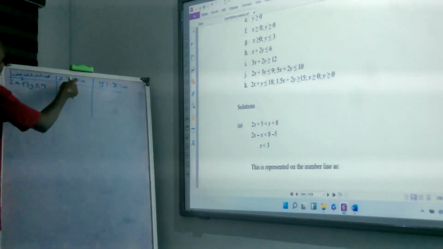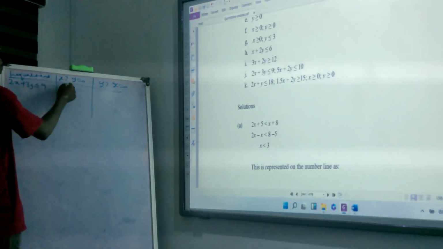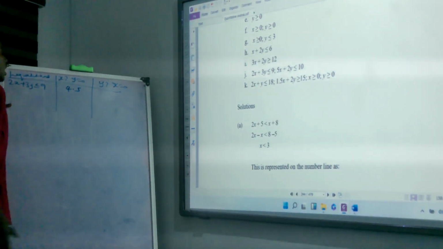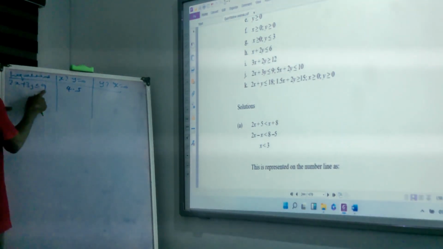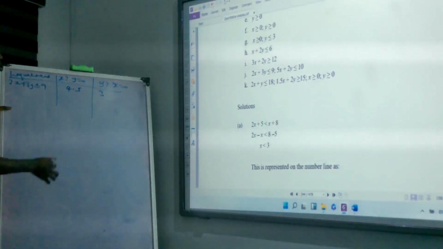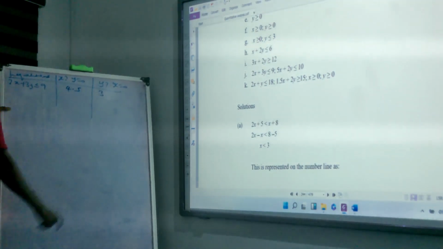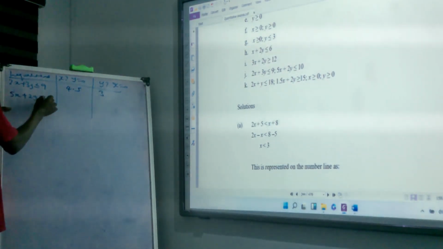At y is 0, 3 times 0 is 0, so x is 9 divided by 2, which is 4.5. And when x is 0, 2 times 0 is 0, so y is 9 divided by 3, which is 3. So this is the x intercept, and this is the y intercept for the first inequality. Then for the second one, we do the same so that we'll be able to draw the line.